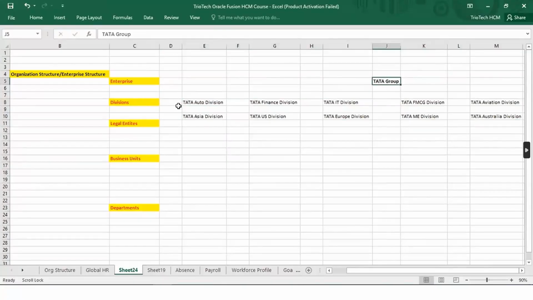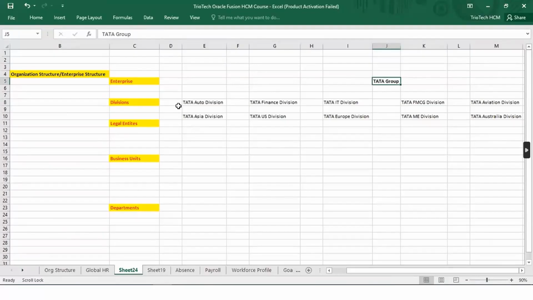under that, how you are diversifying your business. Okay, my client is operating across the globe in 20 countries. My client having the business, how they want to bifurcate their business operations. So after the enterprise or under the enterprise, we have something called divisions in the Fusion system.